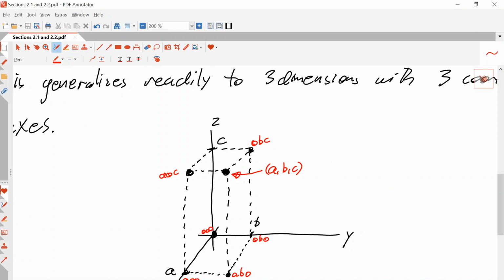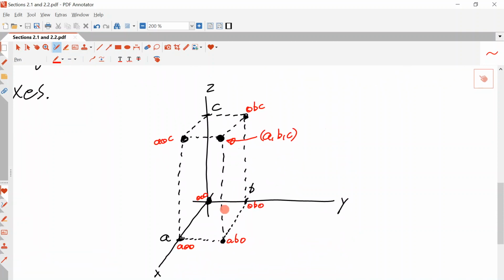Now, what's special about these lines? Each line on the box is parallel to one of the coordinate axes. So the vertical lines are parallel to the z-axis. The lines that go in this left-right direction, those are parallel to the y-axis. And these other lines that are coming out are parallel to the x-axis. And you'll notice that mine are not quite right.